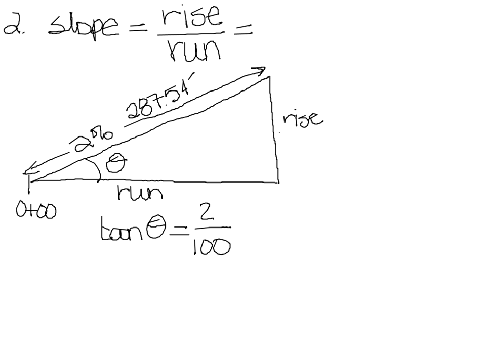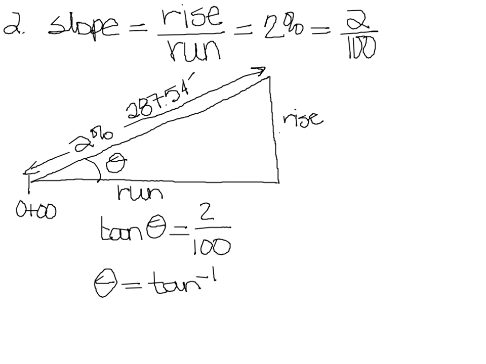Our slope is equal to 2%, which is equal to 2 over 100. Okay? So the tangent of this angle is equal to 2 over 100. Therefore, theta, the angle, is equal to the tangent inverse of 0.02, which is equal to 1.15 degrees.